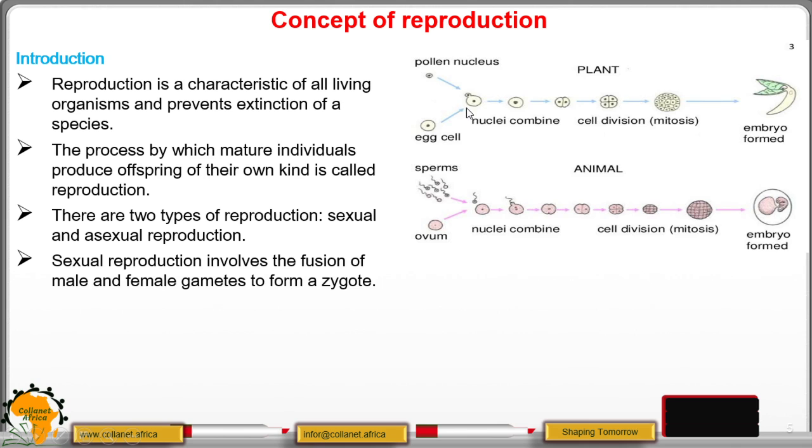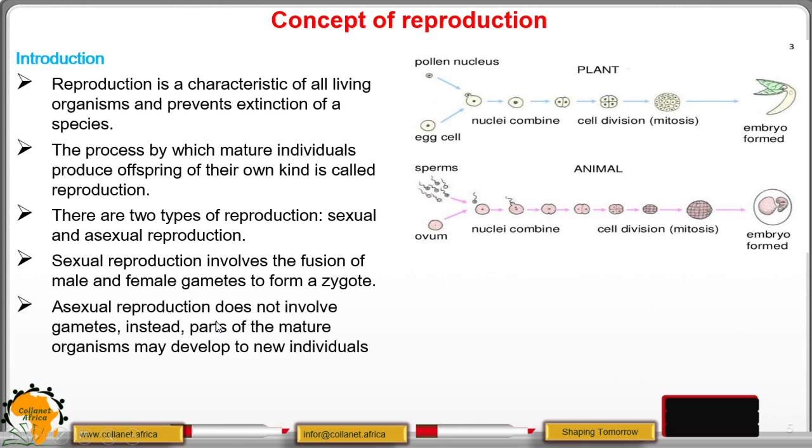Then they unite or fuse, and then they undergo cell division to form an embryo. In the case of human beings, we have sperms being the male gamete and ovum as the female gamete. They come together, and then after that they undergo cell division to form an embryo.